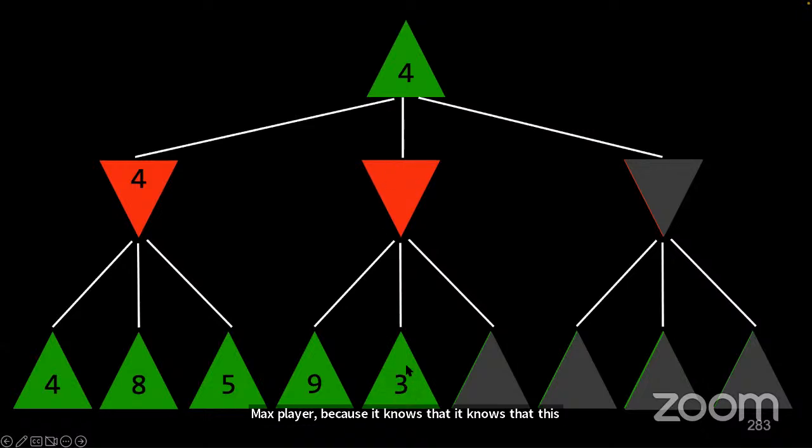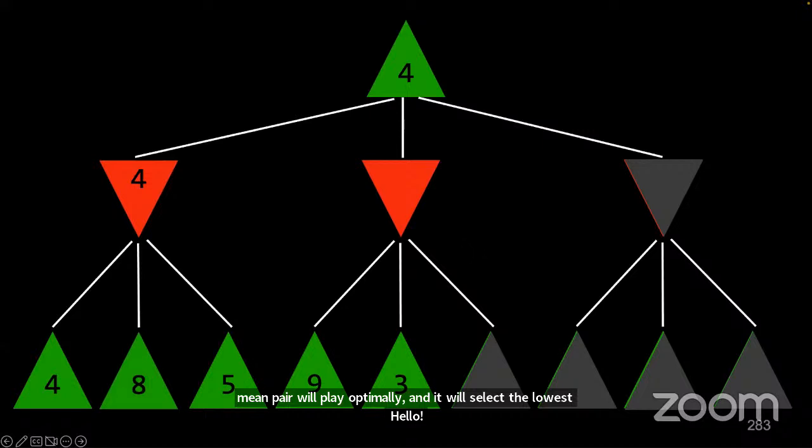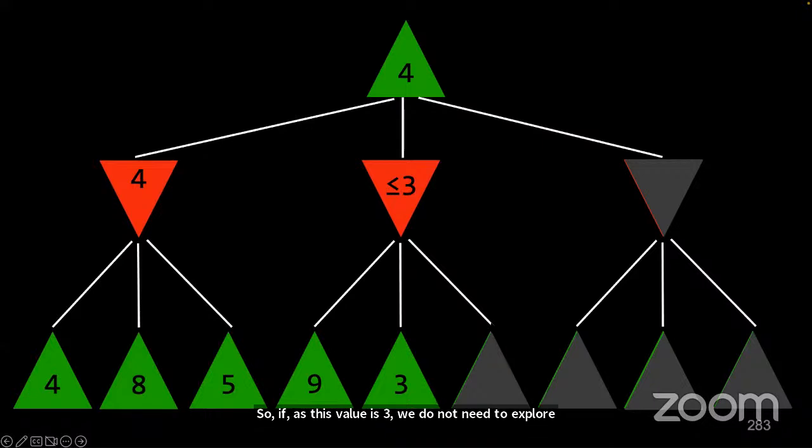So as this value is 3, we do not need to explore the unexplored node, because we already know that whatever the value of this state, the min value of this state will not be greater than 3. So we can safely prune this node and all the nodes below these nodes if those nodes are available in a deeper tree.